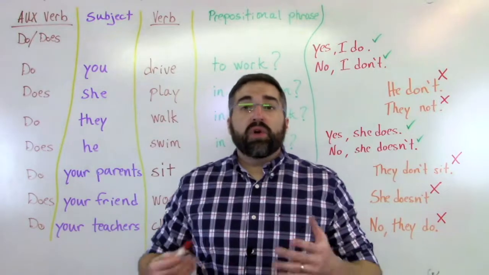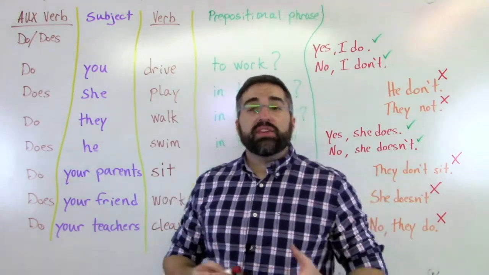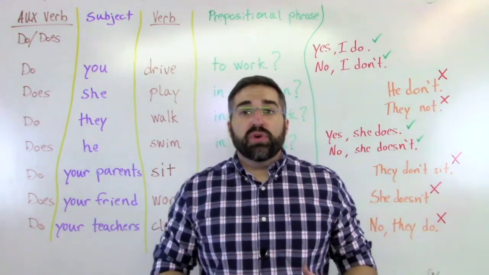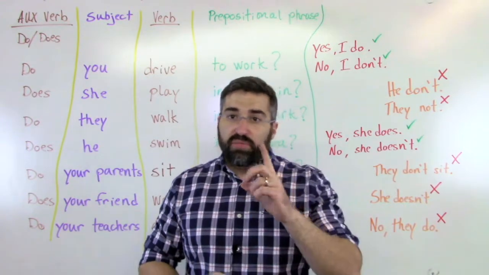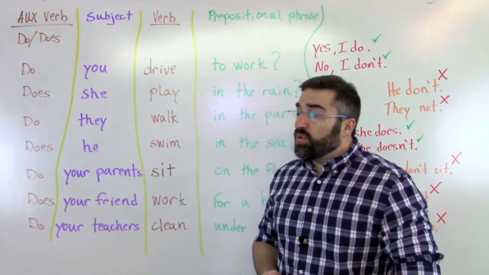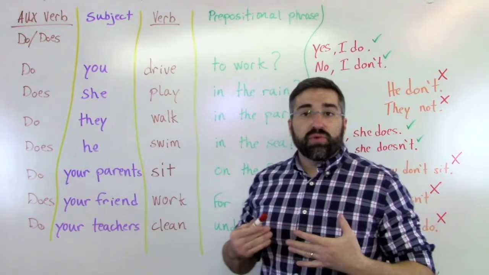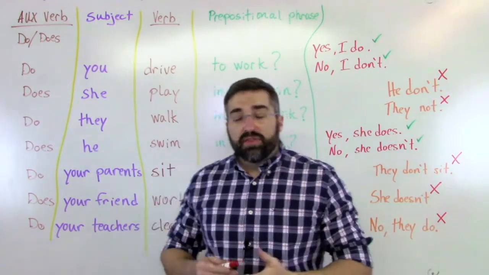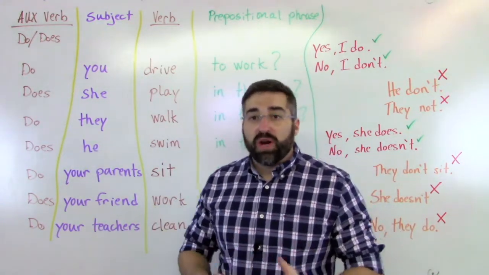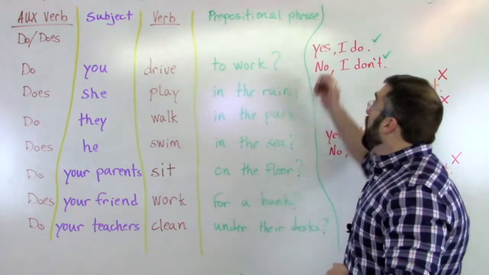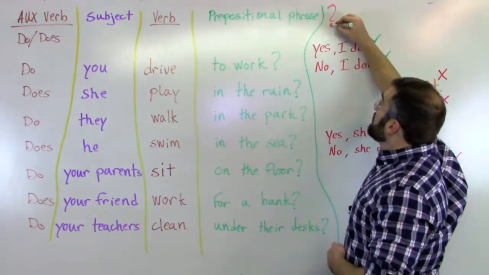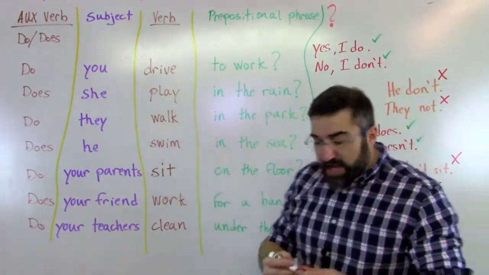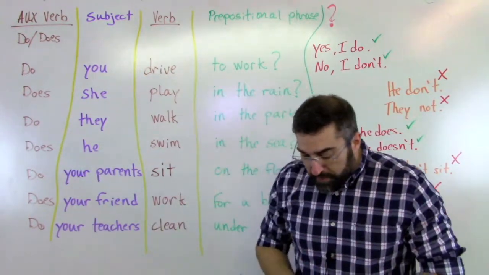So, okay, let's look at making questions with do and does. One verb, two forms. So we need to have a structure, the structure of our question, right? We have all of these questions and we need a structure for questions.